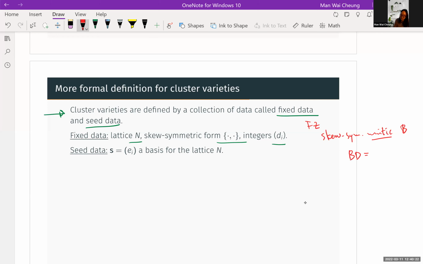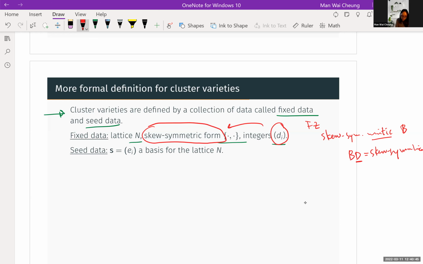will be skew-symmetric. And in the GHK world, they first have the skew-symmetric form, and this integer d_i is actually kind of like this diagonal here, but then turns this skew-symmetric form to be a skew-symmetrizable matrix.